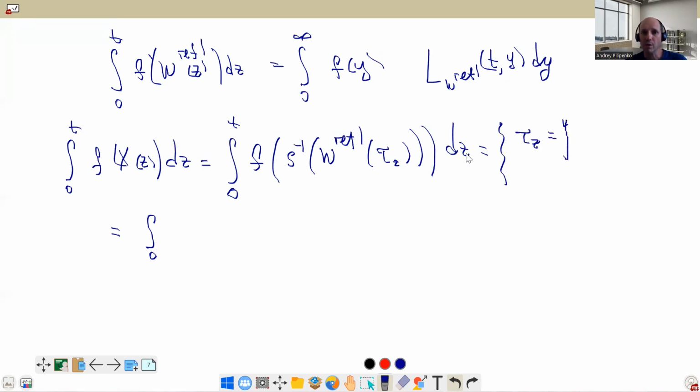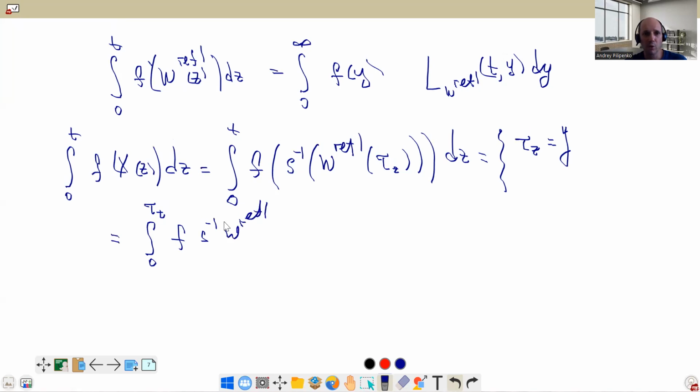If z is between 0 and tau, then tau of z is between 0 and tau of t. F of s minus 1 of reflected Brownian motion of y dy.